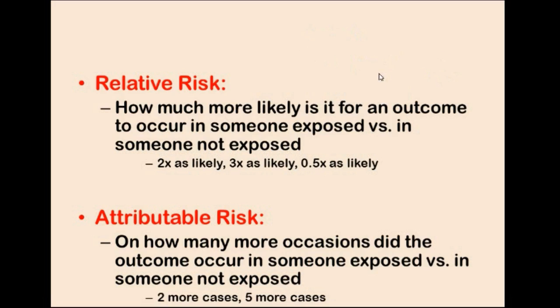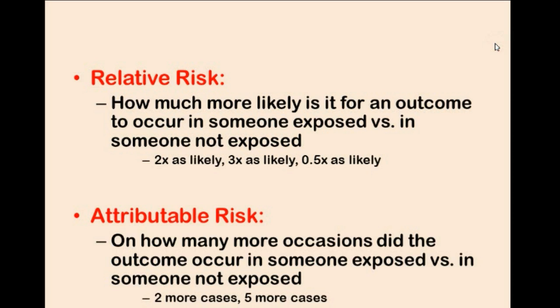Now we can compare those two and decide what is the relative risk. In other words, relative to the people who don't smoke, or the people who are not exposed in this case, how much is the risk greater for somebody who is exposed to smoking for developing a certain outcome, in this case lung cancer? Is it 2 times as likely, 3 times as likely, maybe even half as likely?